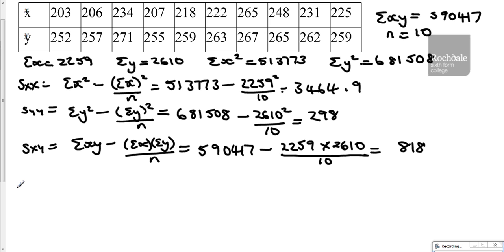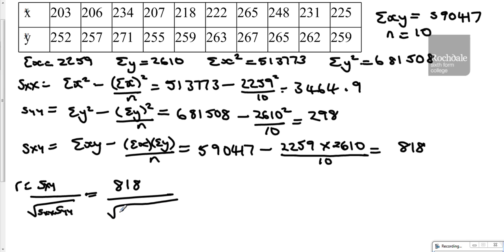And now we can actually substitute them into our formula for r, which is the correlation coefficient. So we've got Sxy divided by the square root of Sxx Syy. So if we work that out, on the top we've got 818.